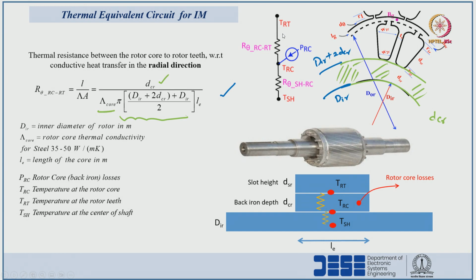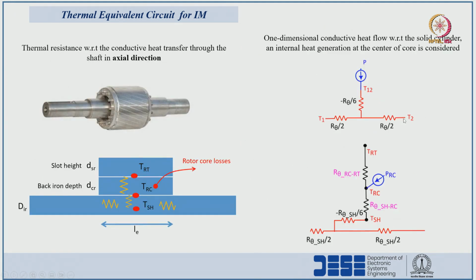This is nothing but the thermal resistance offered by the rotor core. With respect to the rotor core, the power losses PRC, the rotor core losses, are incorporated at the rotor core thermal node.